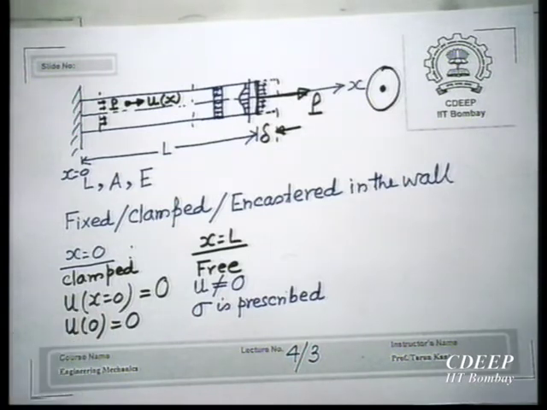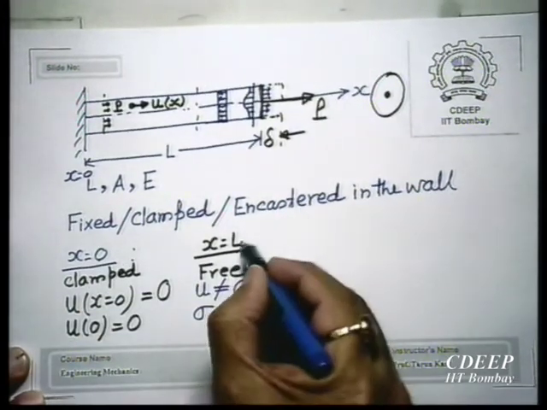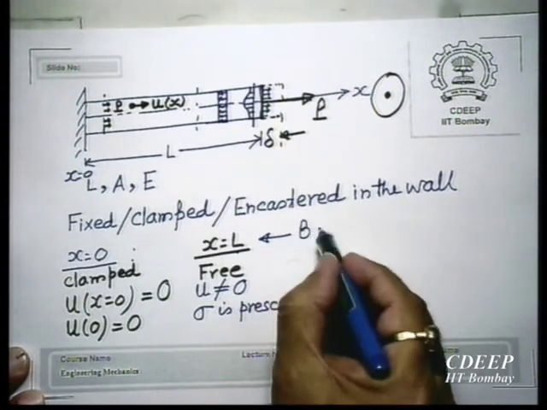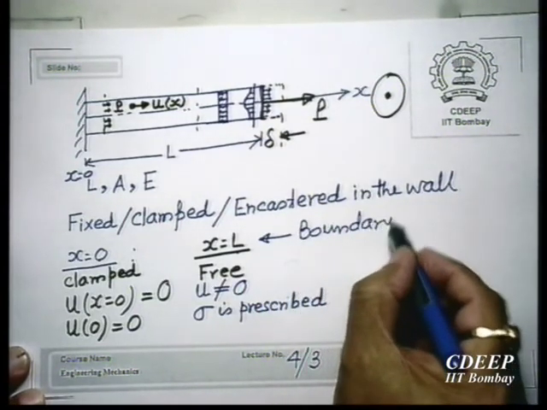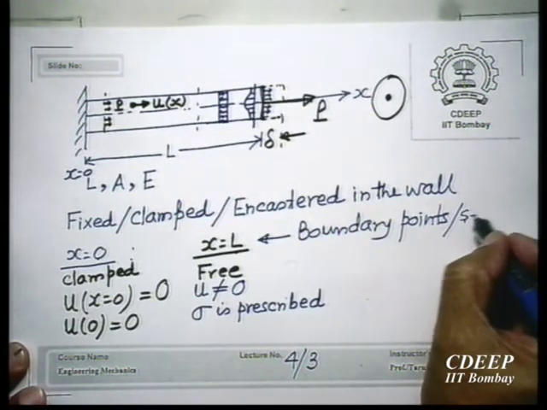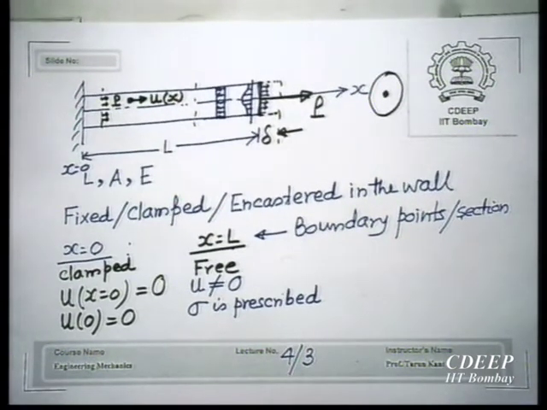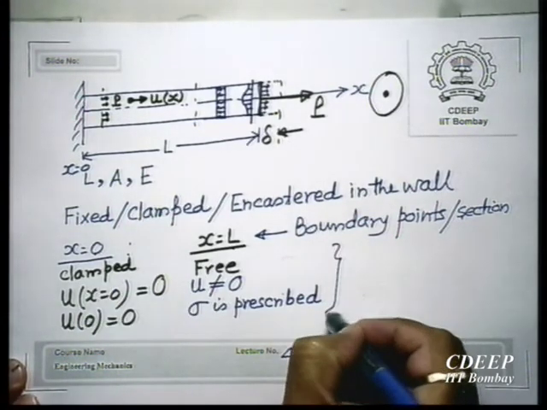These two ends which confine the body are called boundary points. So x equal to 0 and x equal to L are the boundaries, boundary sections, because there is a cross section here of some area, and the conditions which are there are called boundary conditions.